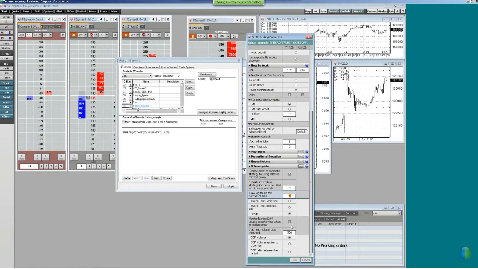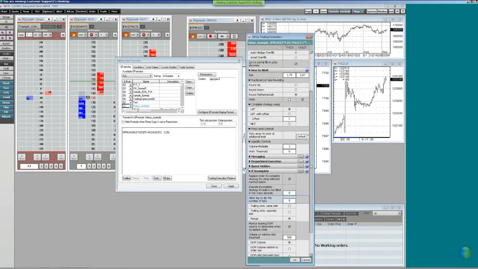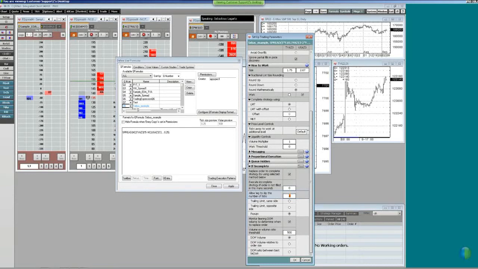So moving down the line in terms of configurable fields, we have the ability to do the offset. We spoke about a market order. We also have the ability to configure the liquidity controls, such as volume multiplier, which is going to determine the working order quantity based on the quantity that's available in the monitored market.